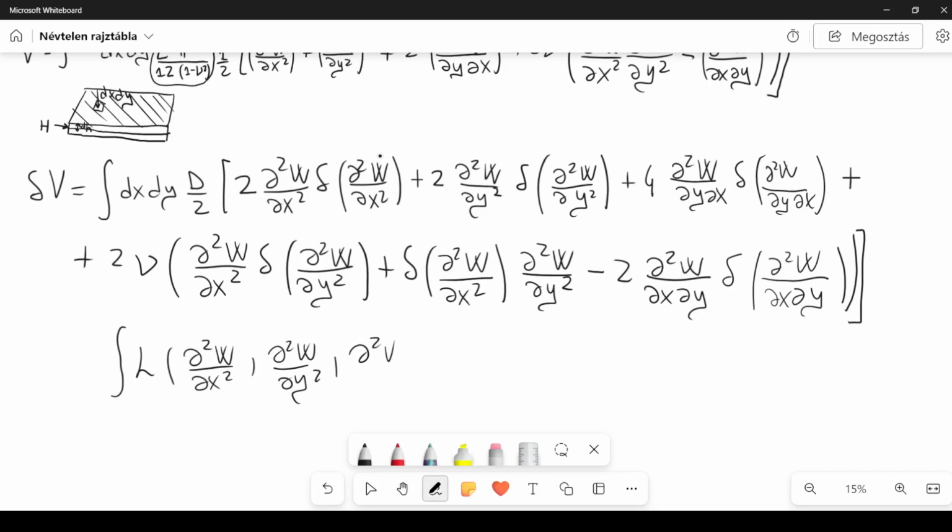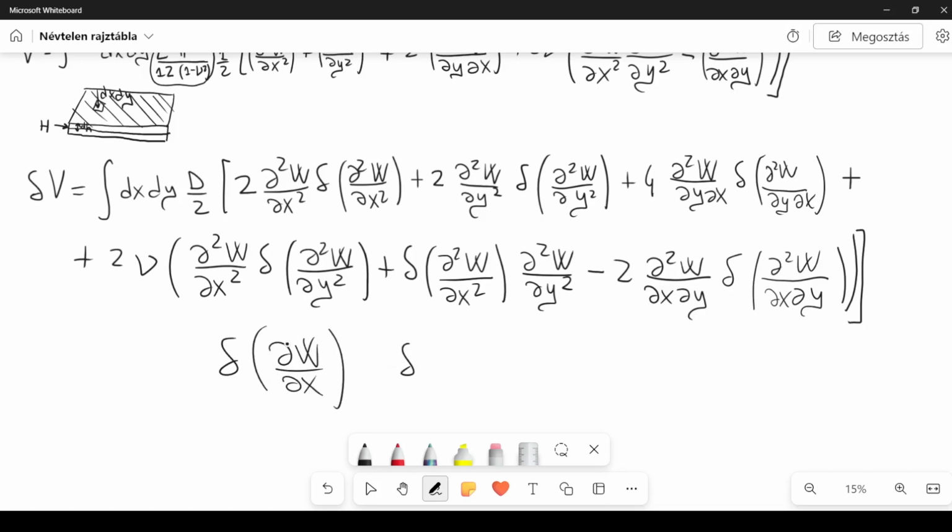If you integrate by parts once, you can make the variational changes of the derivatives appear: delta dw dx and delta dw dy. And we can do that. So for example, we can write this in the following fashion.